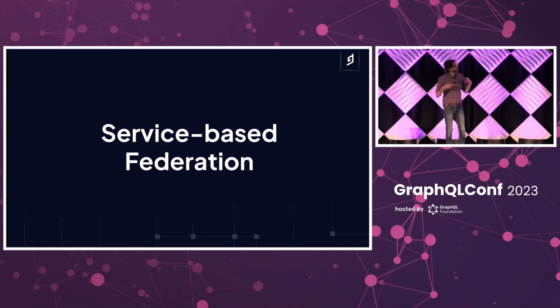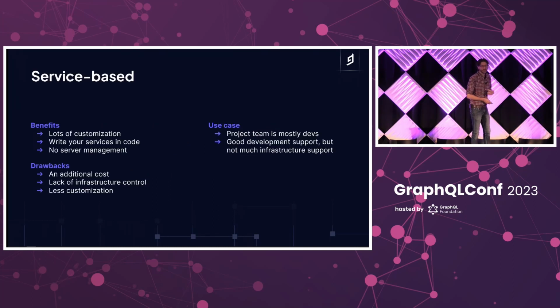Start up an account, write some code, and you get an API out on the other end. You're going to miss a little bit of the customization you get with self-managed, and you're going to miss managing those servers. But if you're anything like me, you're probably not going to miss those servers. Think of this as a streamlined, self-managed approach. Great for projects with a strong dev team, but maybe not a strong infrastructure team.